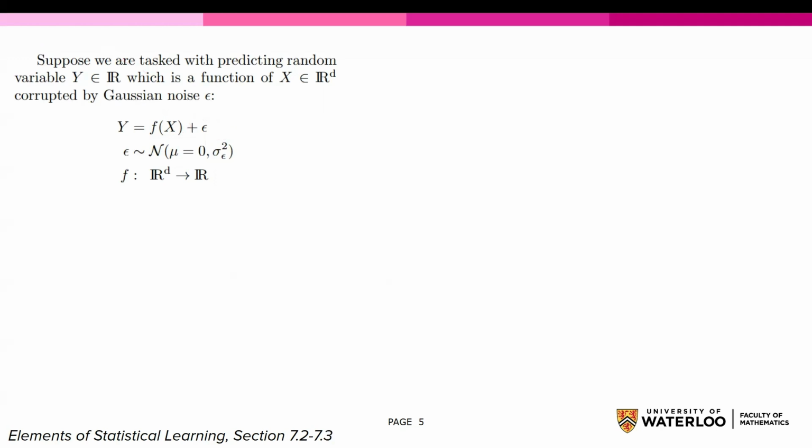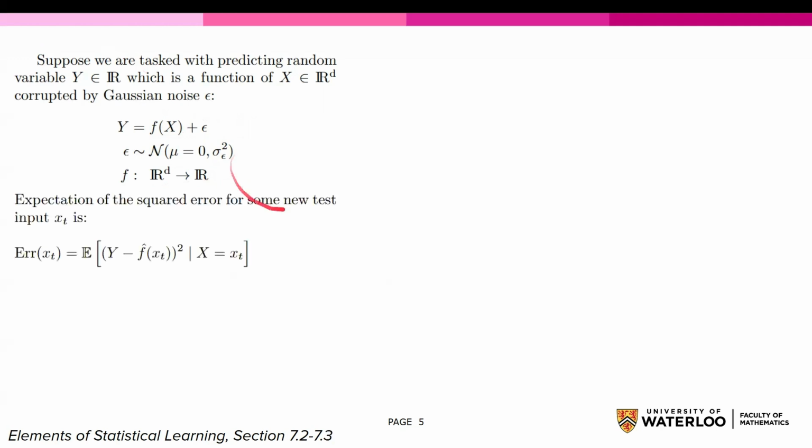And so if our goal is to minimize the mean squared error, could we say anything about the nature of the error we would expect on some test input? The expected prediction error of a regression fit f hat of x at an input point x of t is the difference between the target y and the prediction, all squared.